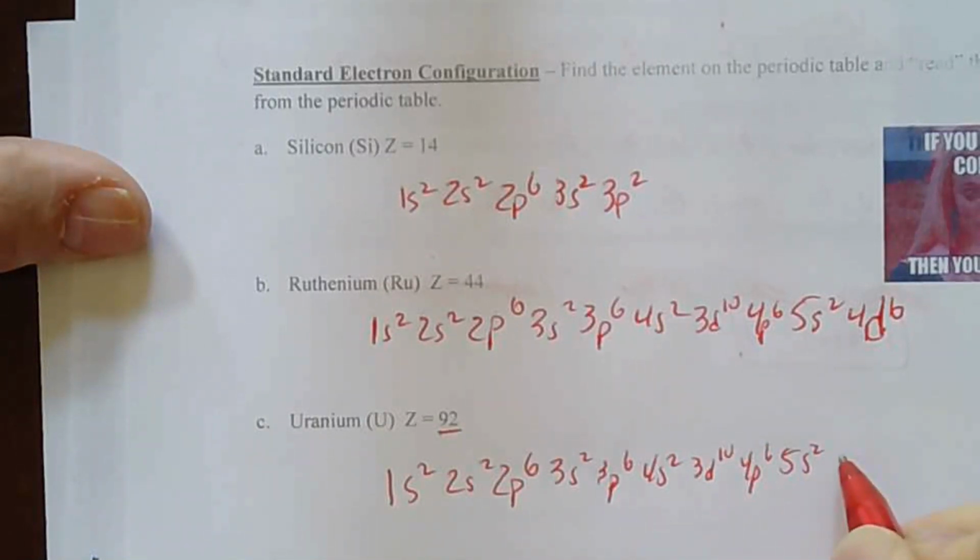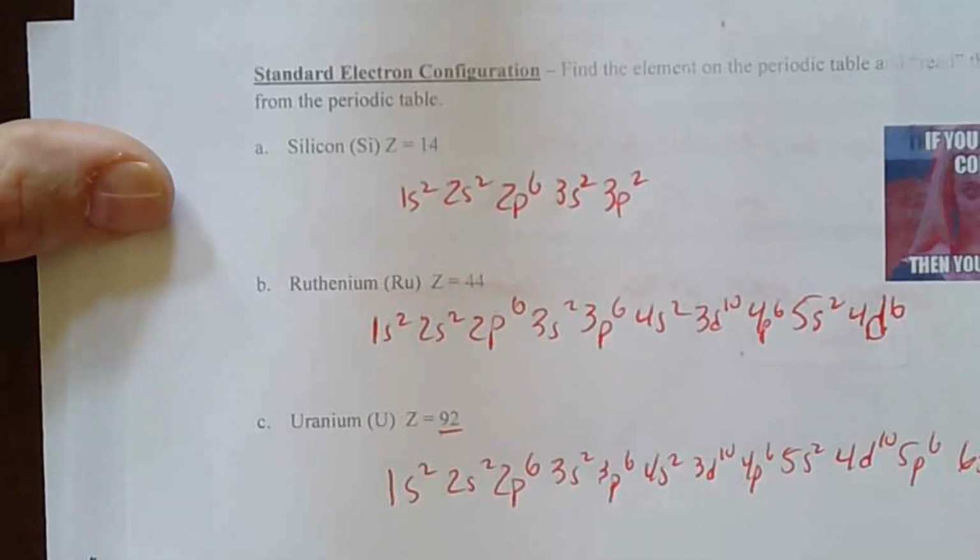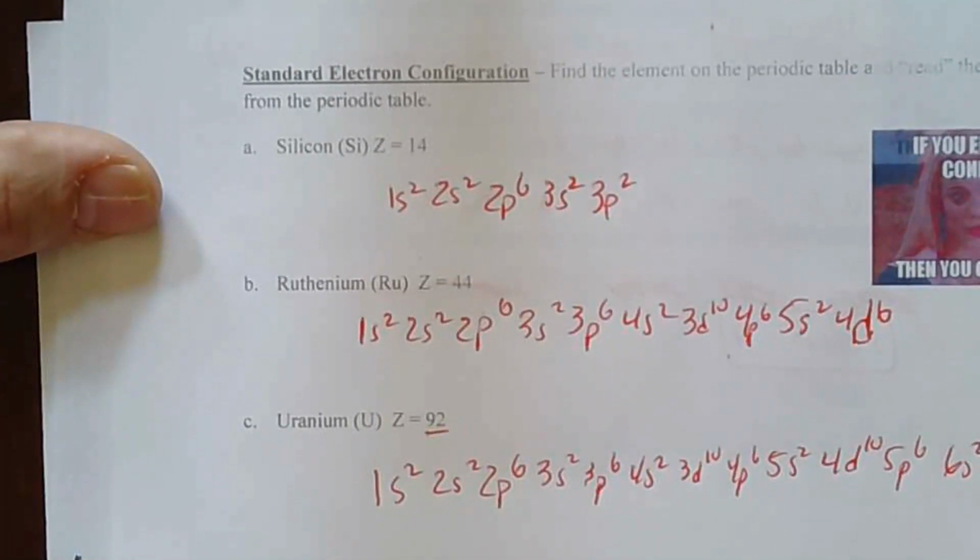4p6, 5s2, 4d10, 5p6, 6s2, 5d10. Nope. After the 6s2, go to the F, 4f14, 5d10, 6p6.